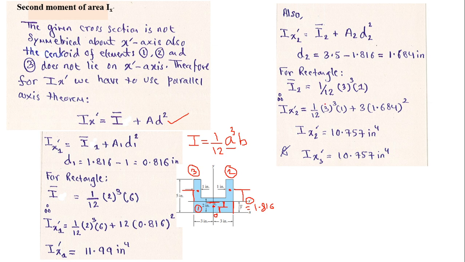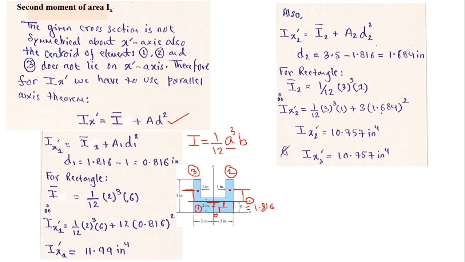So Ix2 dash equals 1 by 12, 3 raised to power 3 into 1, plus 3, which was the area of this smaller rectangle, into the square of the distance between the centroid of this shape 2 and the x dash axis.